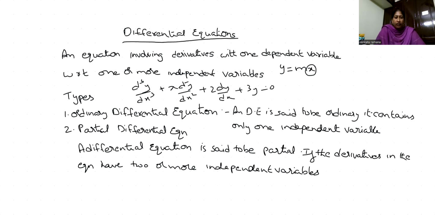Any expression which is equal to 0 is said to be an equation, and in this equation there are derivatives. Here there is only one independent variable. The dependent variable is y and the independent variable is x. In this equation we have only one independent variable and one dependent variable. So this is an example of a differential equation.